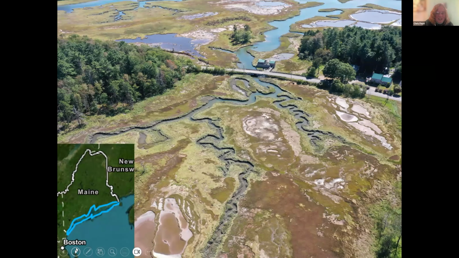So we use that title. I had a very strict rule: no one could turn it into an acronym, so that every time people said the name of the project, Marshes for Maine's Future, they were talking about our mission. And every opportunity where we said Marshes for Maine's Future, we were educating people about our work.